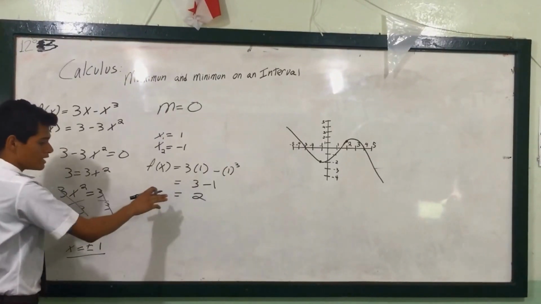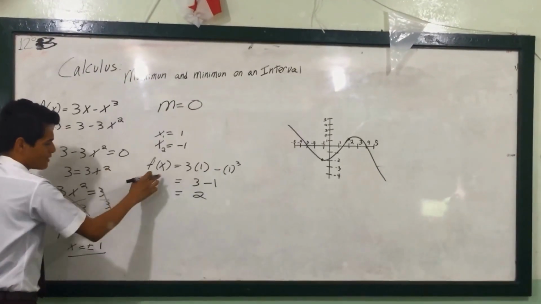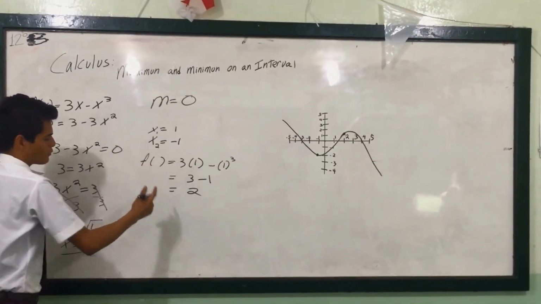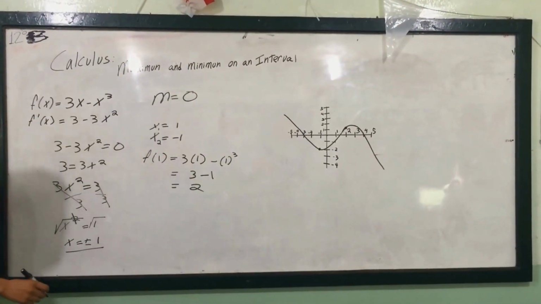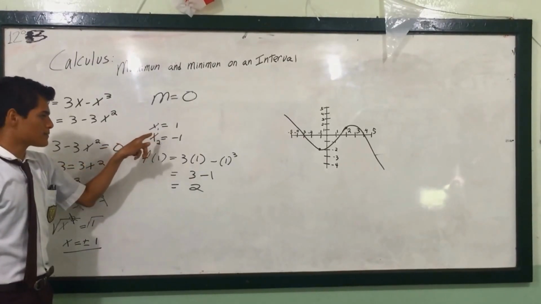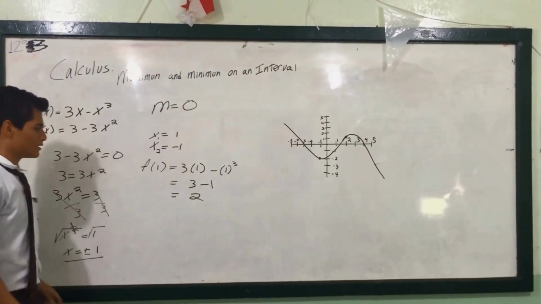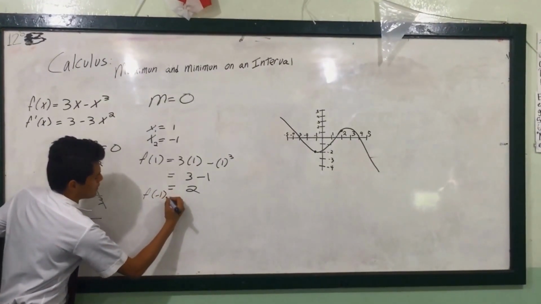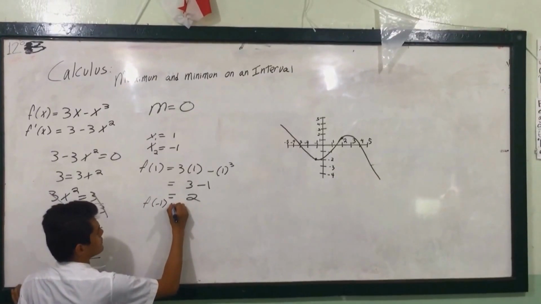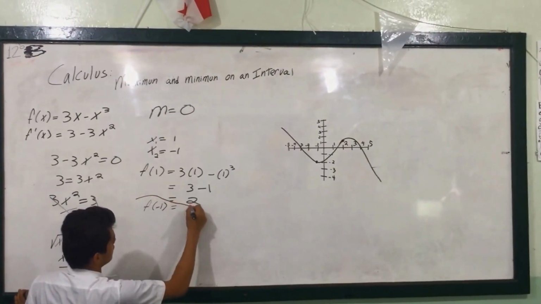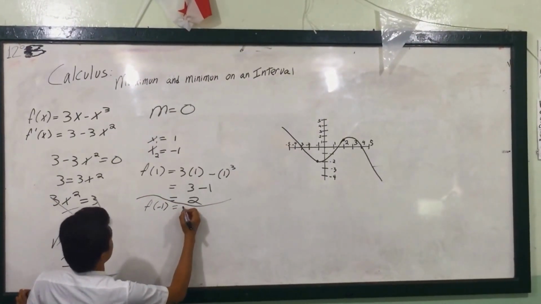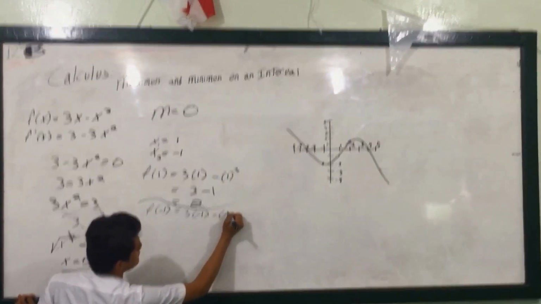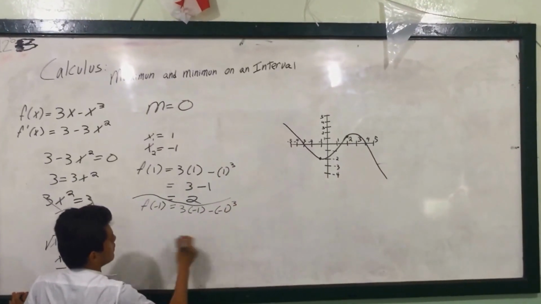Each time you do this, you have to notice that you have to replace 1 in each place, or it's going to be wrong. Now, I did it with the first value of x, and now I'm going to do it with the second value. It's the same thing, only that it's going to be negative 1. It's going to be 3 times negative 1 minus negative 1 cubed.